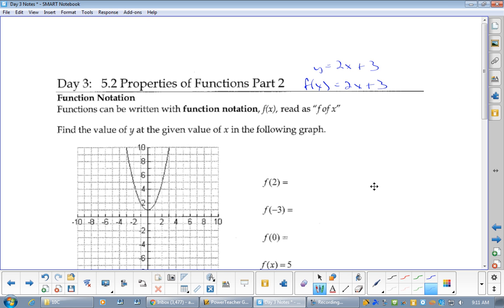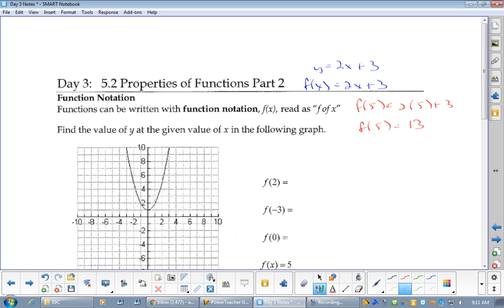So you'd see f of 5 equals 2 times 5 plus 3. F of 5 equals 13. So it says when you put 5 into this function, you will get the output, or the y value, of 13. Okay?